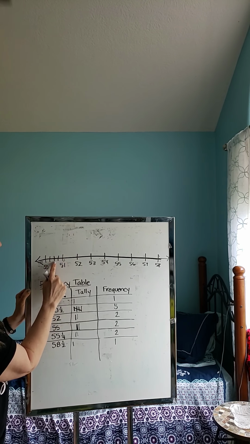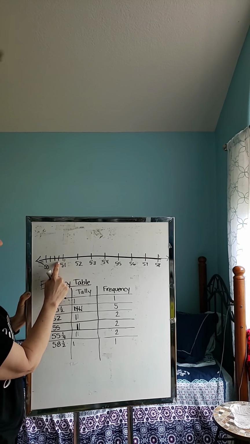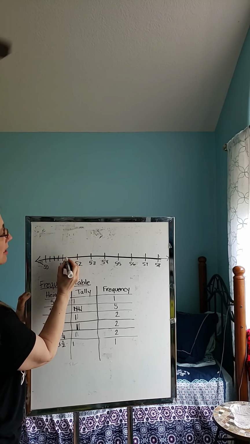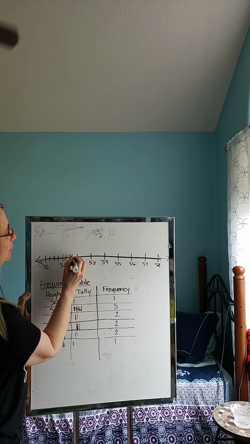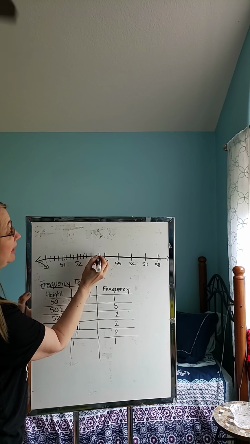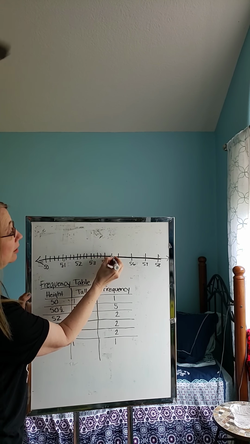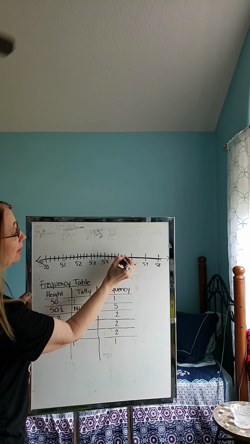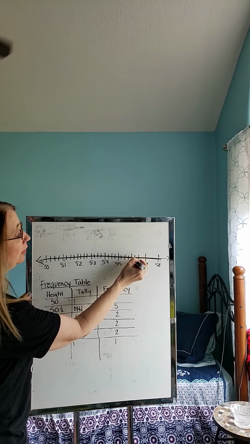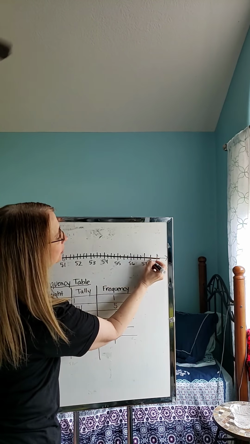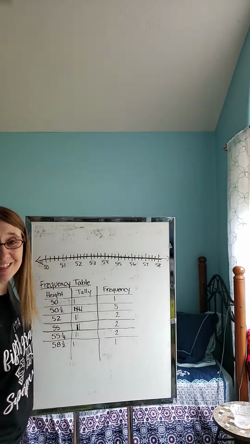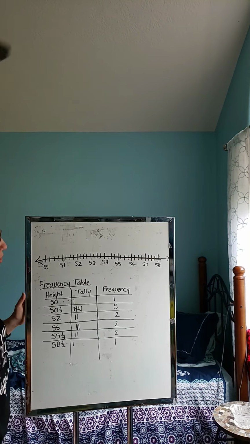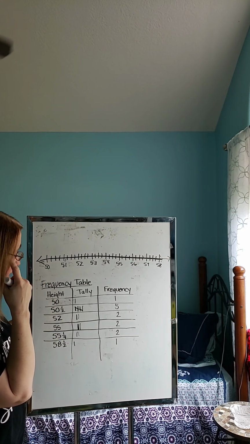So we've got 50 1/4, 50 1/2, 50 3/4, 51. You're going to have to do that with each of them because you've got to keep them equal, even if we aren't going to have plots on all of them. You can use X's for your plots. You can use dots. I think today in the lesson they're going to use dots, so I think we'll just use dots since we did X's the other day.